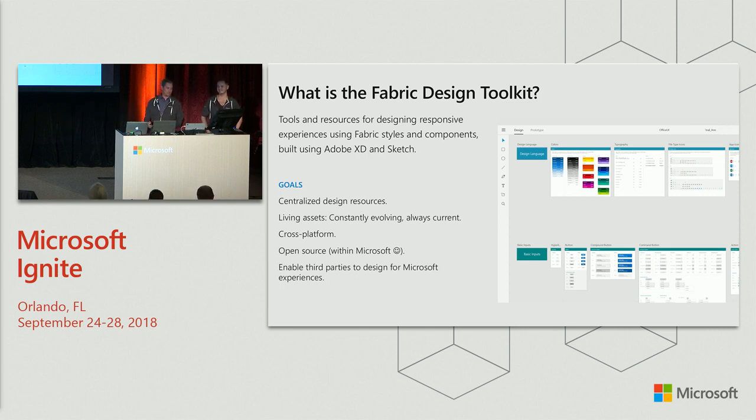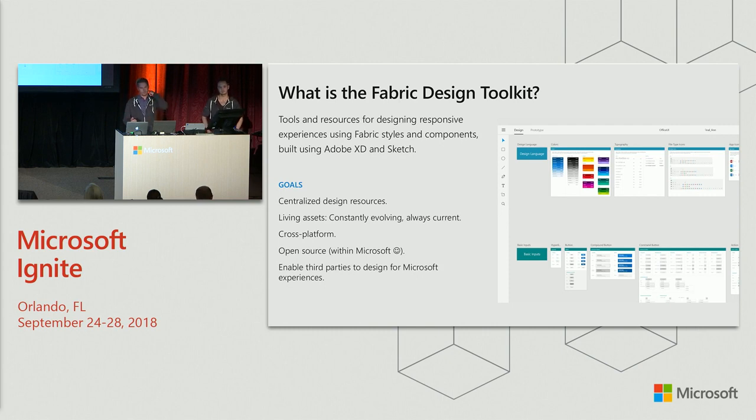The Fabric Design Toolkit is really a resource that you should leverage when designing your app. And we had a few goals in mind when we were building these toolkits. The first one was really having a centralized design resource aimed at improving our products, making sure we were aligned across Microsoft on our quality and look and feel. A library of living assets that are constantly evolving.